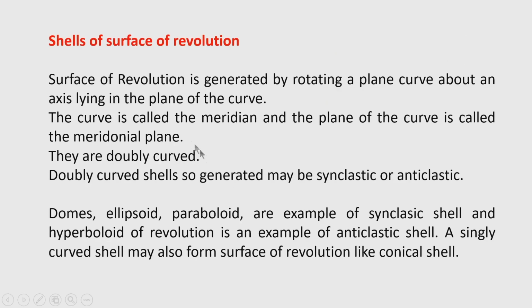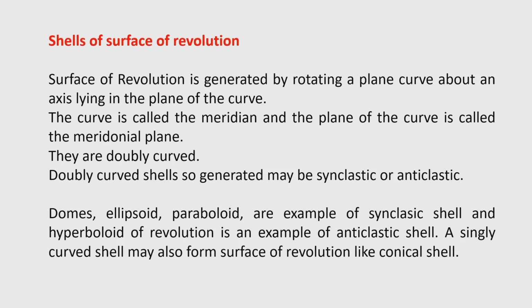Okay. The curve is called the meridian, that is the plane curve according to which the name of the surface is given. So, for example, when the plane curve is a part of a circle, the name of the shell will be spherical dome, and when the plane curve is a parabola, then the surface is known as paraboloid of revolution.